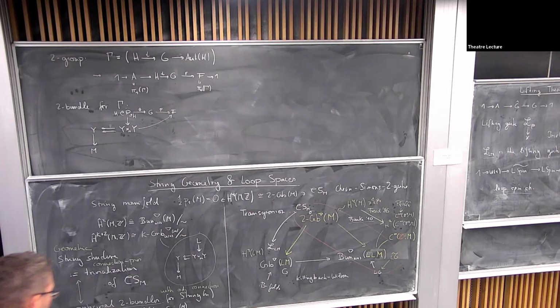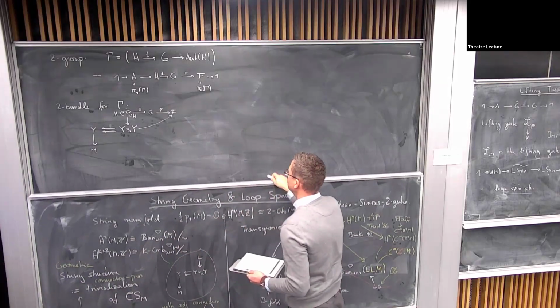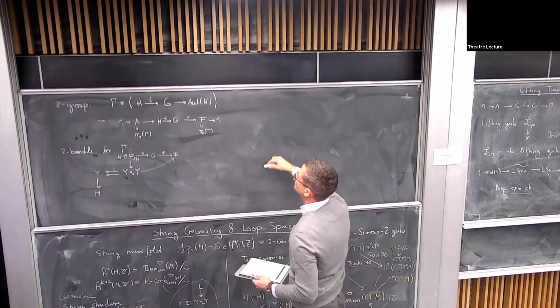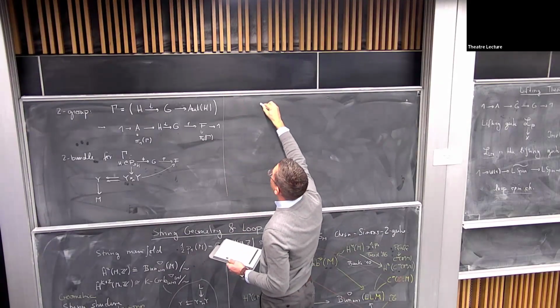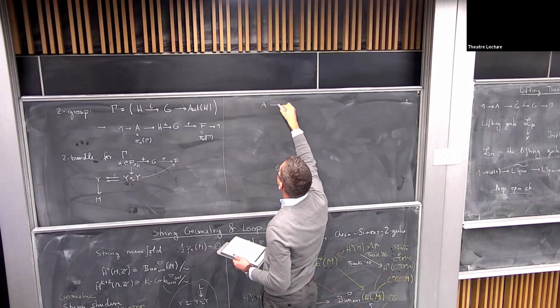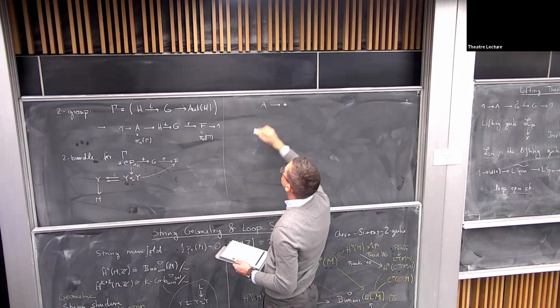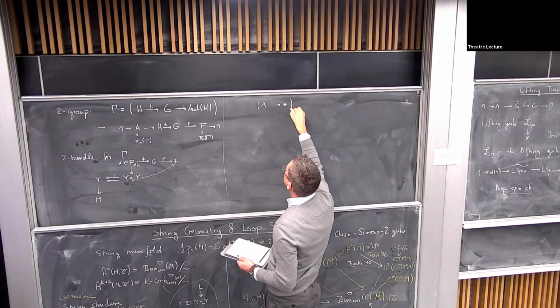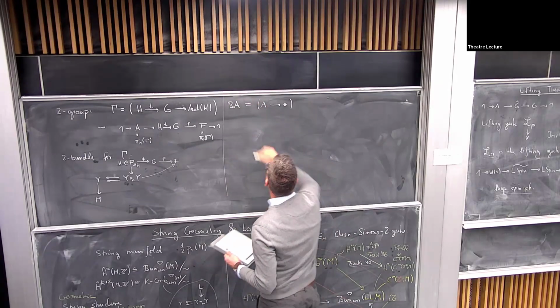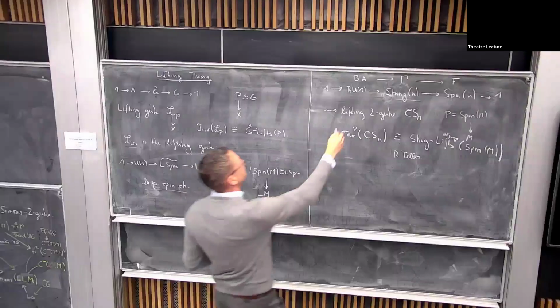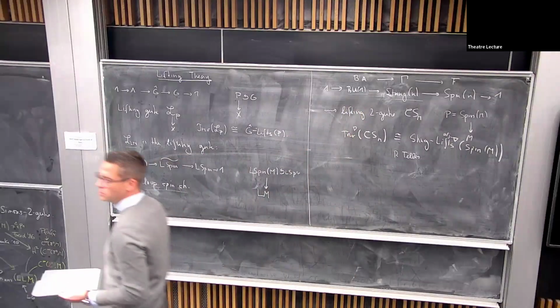If you want easier examples of crossed modules, the easiest example is probably you take an abelian group and send it to the trivial group. Then the action is also trivial. That's a crossed module, BA, for example for A equals U1. So that's an easy thing.